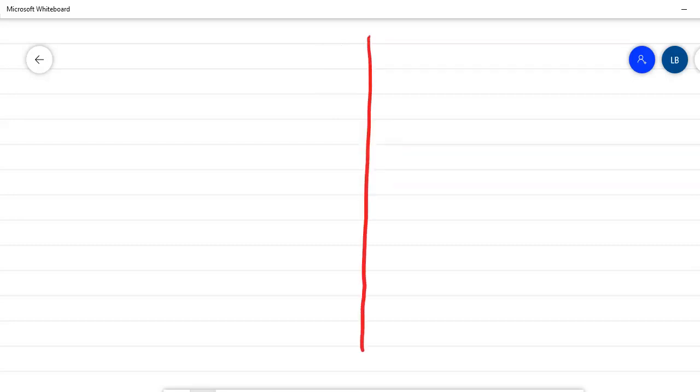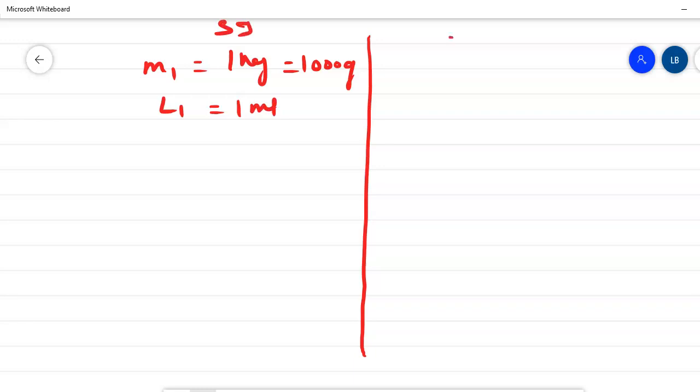I will draw a line. I will write here M1 equal to 1 kg equal to 1000 gram, L1 equal to 1 meter, here SI unit, here CGS unit. 1 meter equal to 100 centimeter. Here I have to write T1 equal to 1 second and N1 equal to 1 joule.